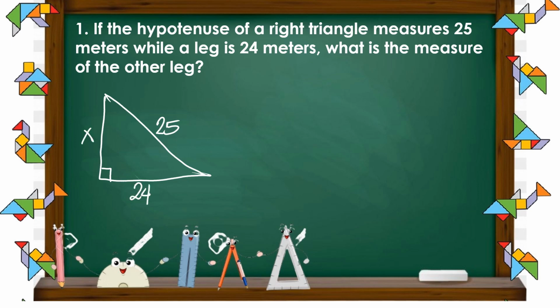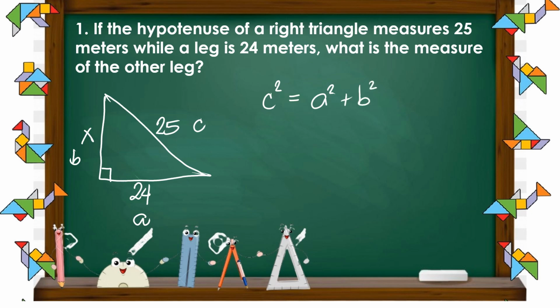So this is unknown. So let's say this is your A, this is your B, and this is your C. Our unknown is the value of B. Our Pythagorean theorem states that C squared is equal to A squared plus B squared.